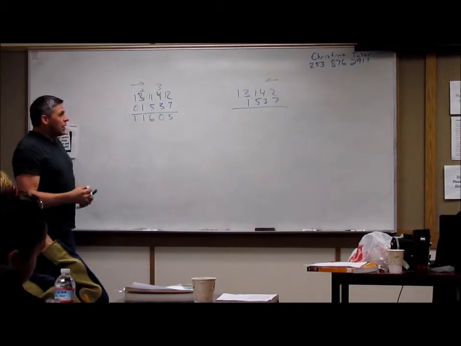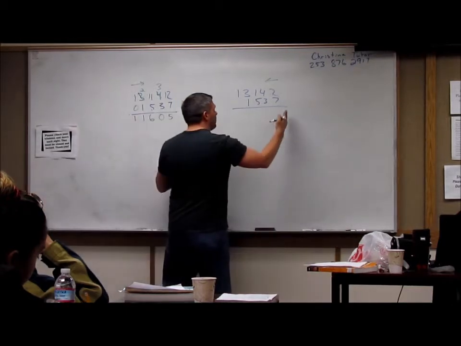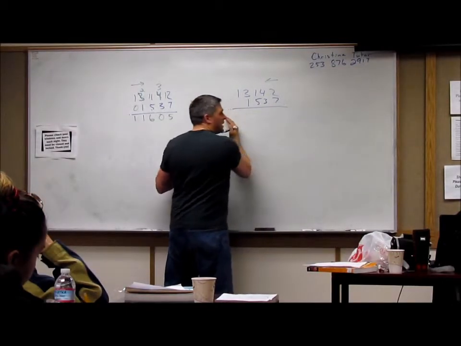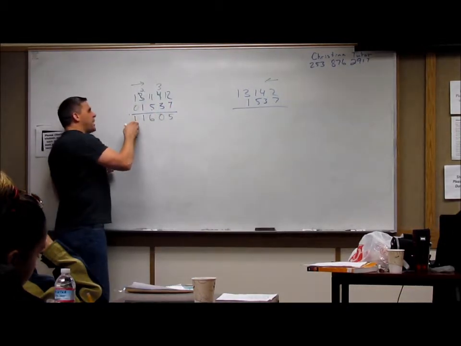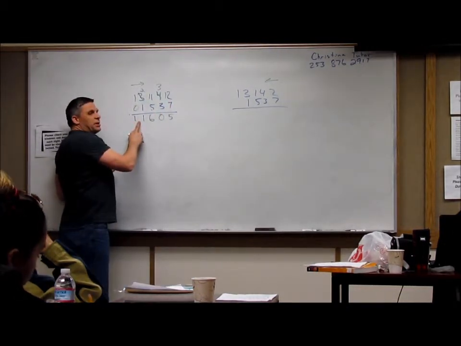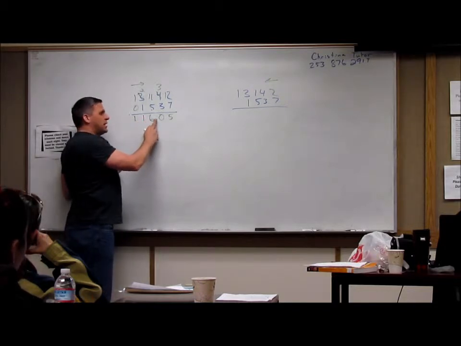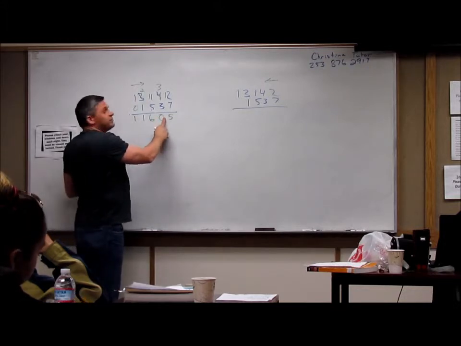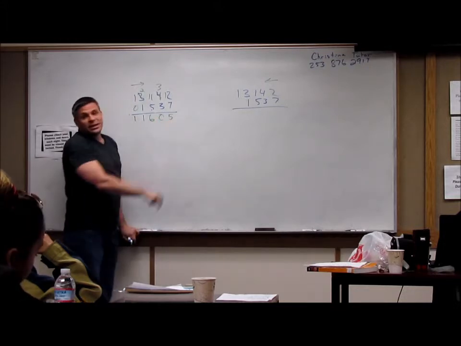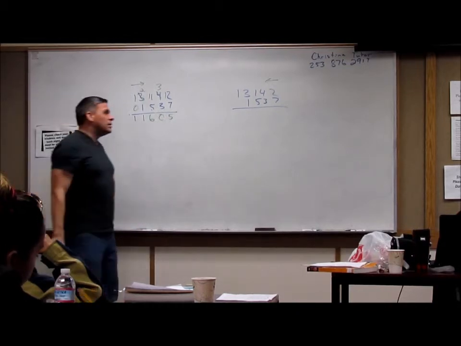Now the traditional way you've done it is going from right to left. This way, I know right off the bat that I'm looking at somewhere around 10,000. Now I'm looking at around 11,000. Now I'm looking at around 11,600, and now I'm looking at 11,605 exactly, right?